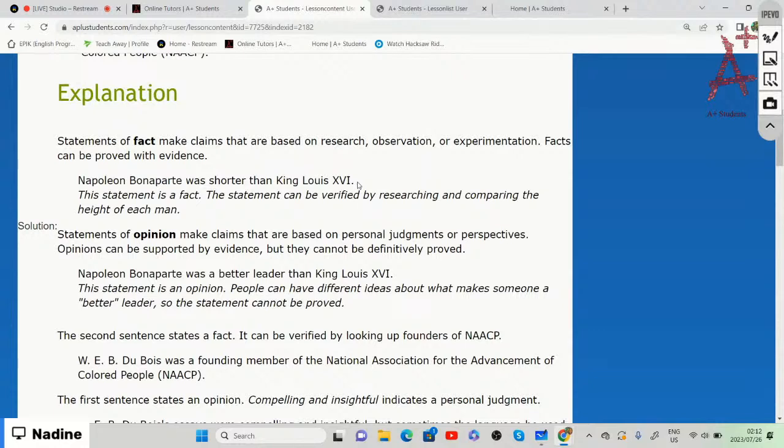That is not research, it is not observation, and it's not experimentation, right? It is a personal judgment as well as a personal perspective of whatever is going on. And of course, yes, opinions can be supported by evidence. But like what I mentioned earlier, if you state your opinion, it should at least be an add-on, based on the facts that were presented.